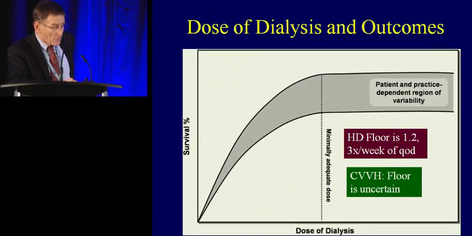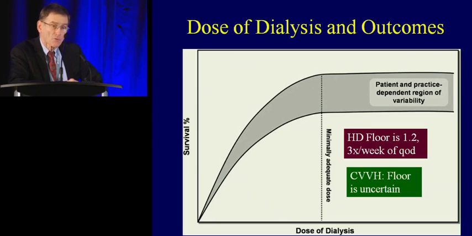So let's go back now and look at where we are with the AKI model again. The Palevsky article concluded that for HD, the floor is a Kt/V of 1.2, 3 times a week or every other day. For CVVH, the floor is uncertain of what the dose should be. But importantly, there's no evidence of improvement driving up much higher doses than intermittent hemodialysis 3 or 3.5 times per week.